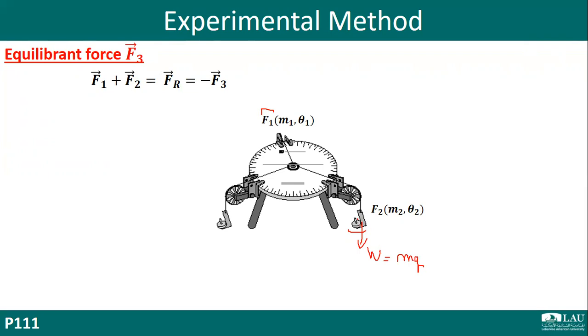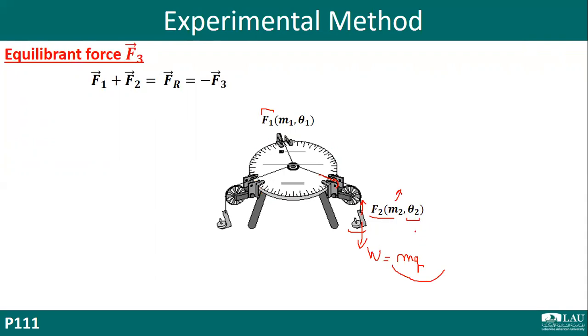So if we have a weight directed downward, here we have a tension force, and we have an equilibrium between the threads. F2 is simply equal to the weight of M2. M2 will be given, and here you have these graduations, so we'll be able to measure the angle. So theta 2 is also measured.